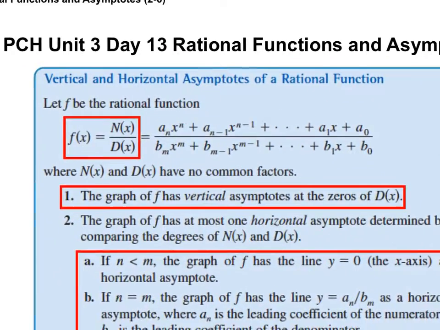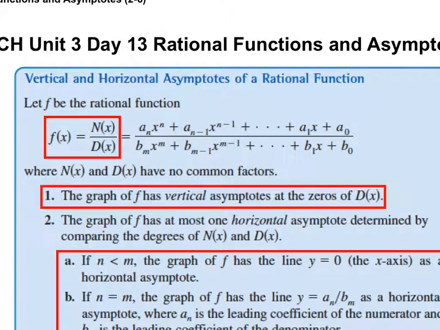So let's take a quick look at these. We have, let f be a rational function. Okay? And you'll notice here it says we have these two functions. We called them n and d because we have a numerator and a denominator. Okay? So n of x is some kind of a polynomial, and d of x is some kind of a polynomial as well.